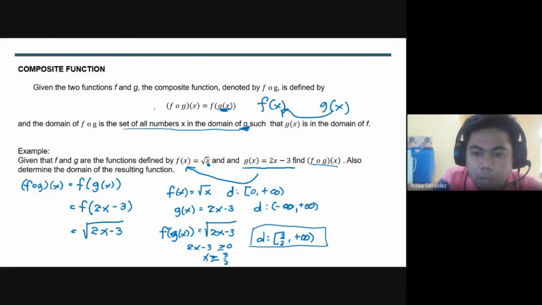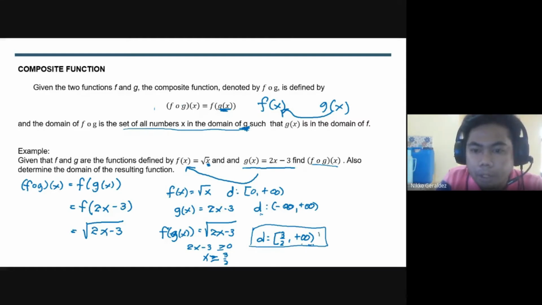So, yung domain natin, ito. Part pa rin naman siya ng domain ng g. So, yung domain ng f of g of x, pwedeng ang domain niya ay yung domain ng g or yung subset ng domain ng g. In this case, magkakaroon tayo ng restriction. So, dapat 3 over 2 to positive infinity.